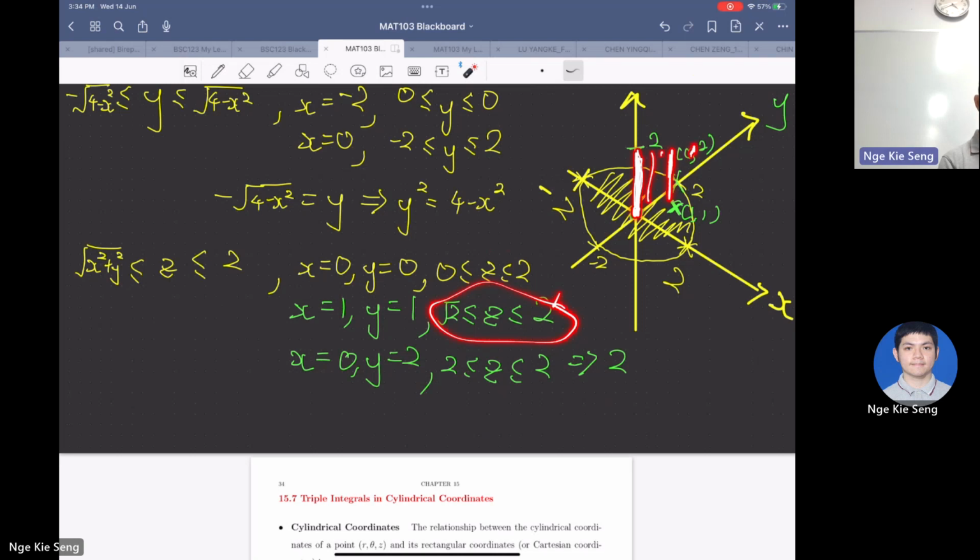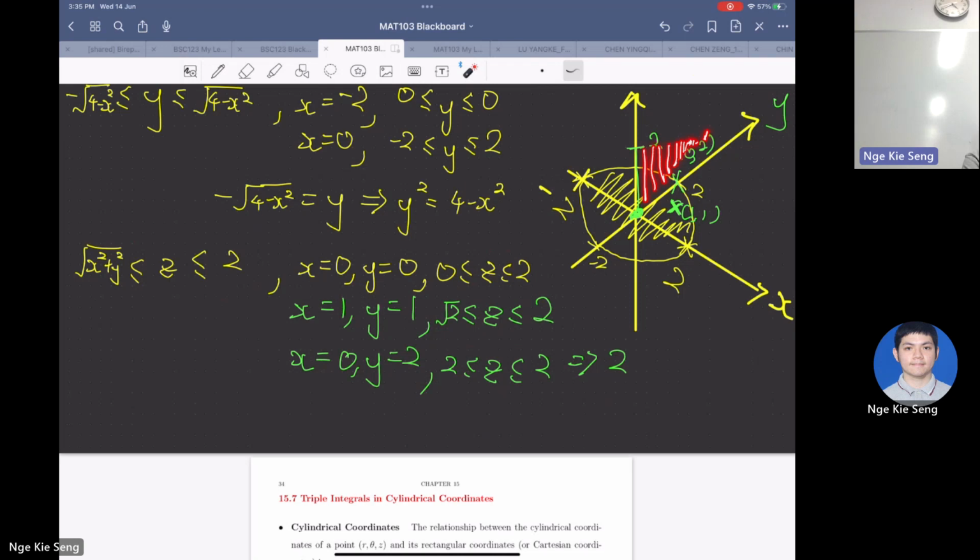What is x squared plus y squared? It is the length of your point in the disk. So when you go further out, this length increases until it hits the maximum 2, and the interval of your bound becomes smaller.